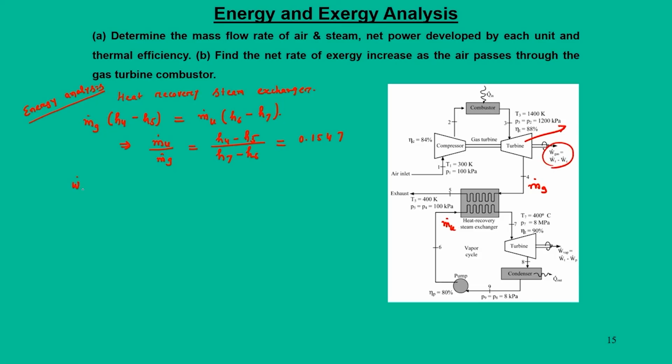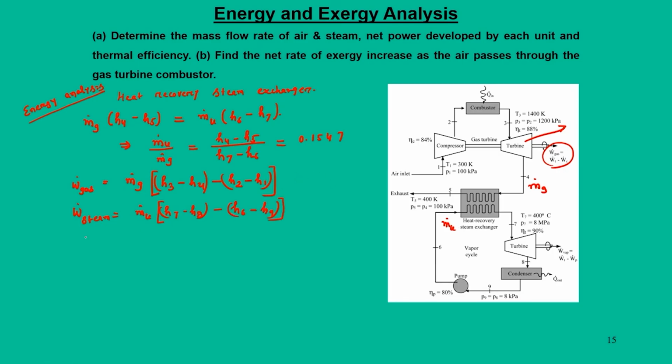We say W dot gas is equal to m dot g into turbine work minus compressor work for the gas turbine unit, H3 minus H4 minus H2 minus H1, and W dot steam is equal to m dot v into H7 minus H8 minus H6 minus H9, turbine work minus compressor work.